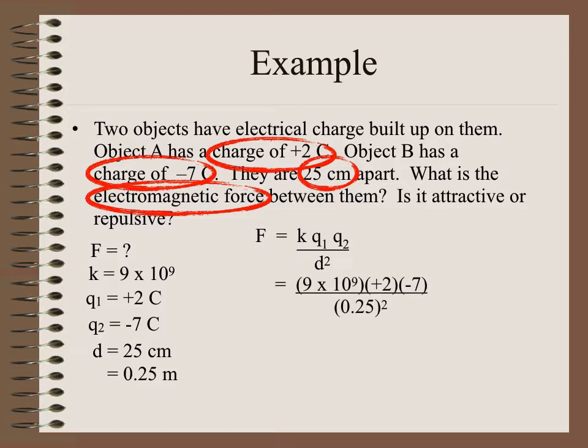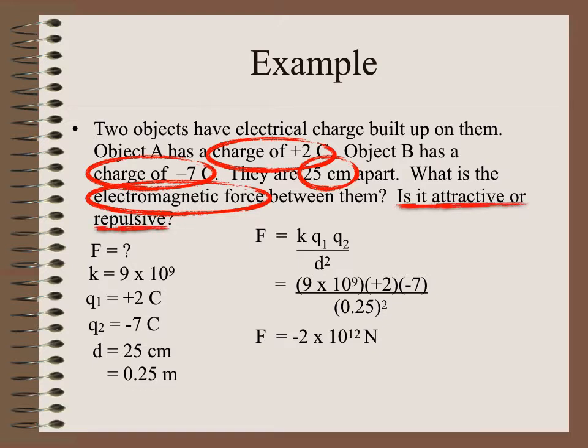Now we can substitute our values in. You can put this in the calculator exactly as you see it, using the fraction bar. We get an answer of negative 2 times 10 to the 12th. Since this is a force, it comes out in newtons. Next, the question is it attractive or is it repulsive?